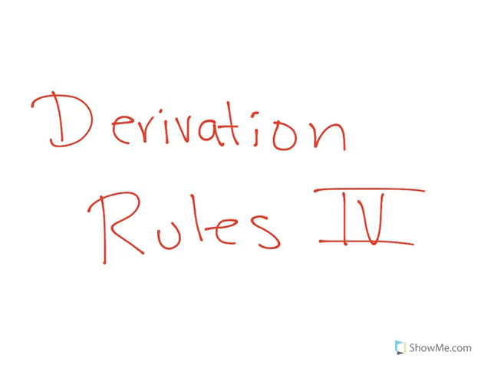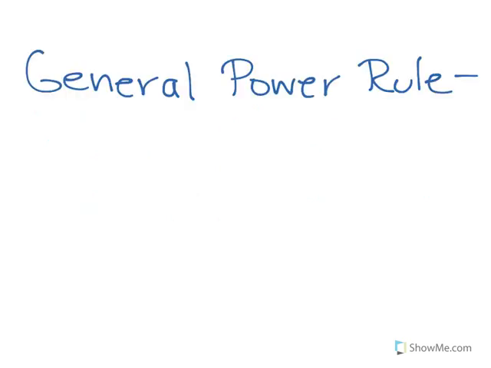Hello, we will learn one more derivation rule, which is called the general power rule. As you might recall, a couple of videos ago we learned about the power rule, but the general power rule is a little bit more useful, more generalized.